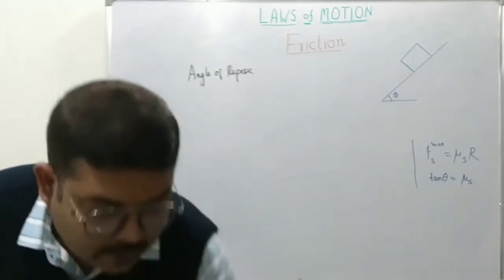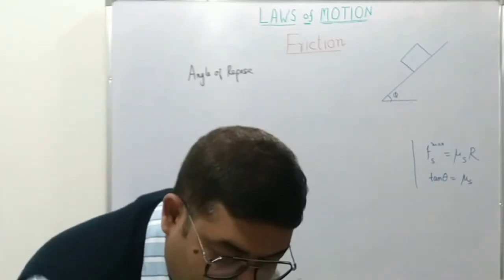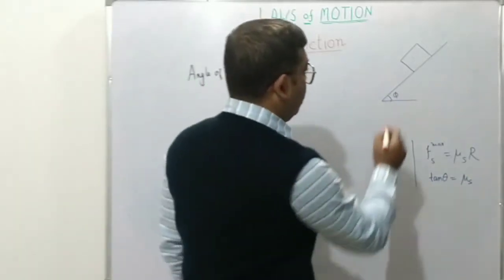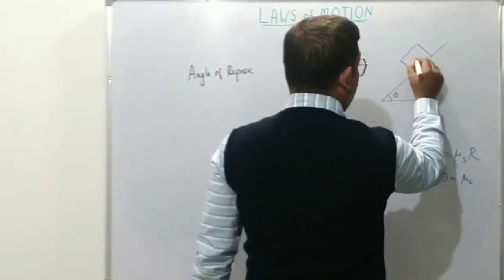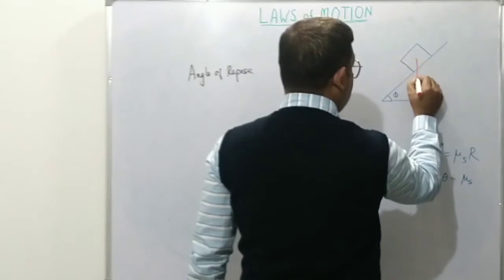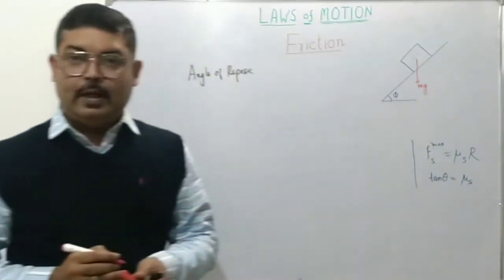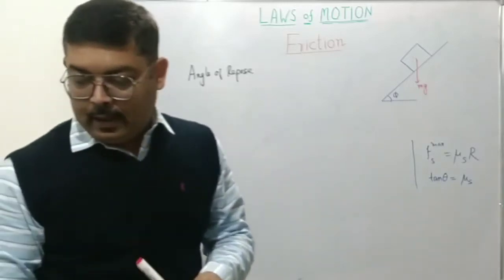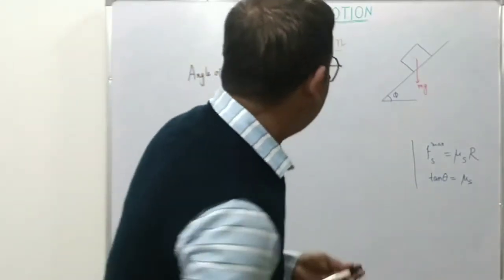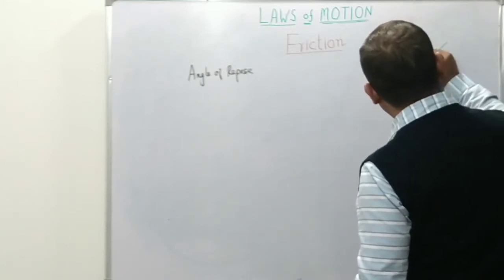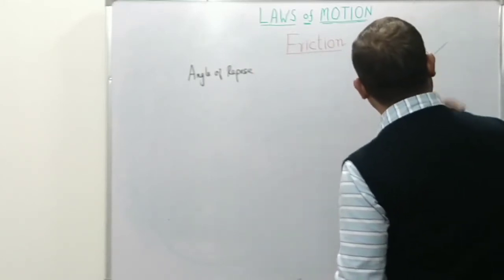Now if we consider the various forces acting on the body, there will always be the weight acting vertically downwards, right? Due to the contact, there will always be a reaction force perpendicular to the surface, somewhere along this line.